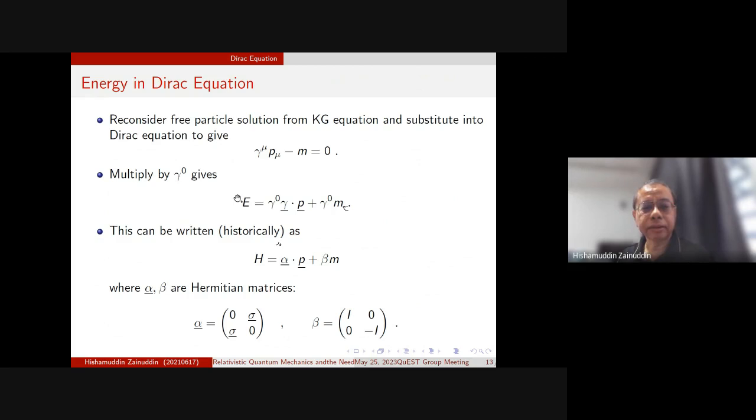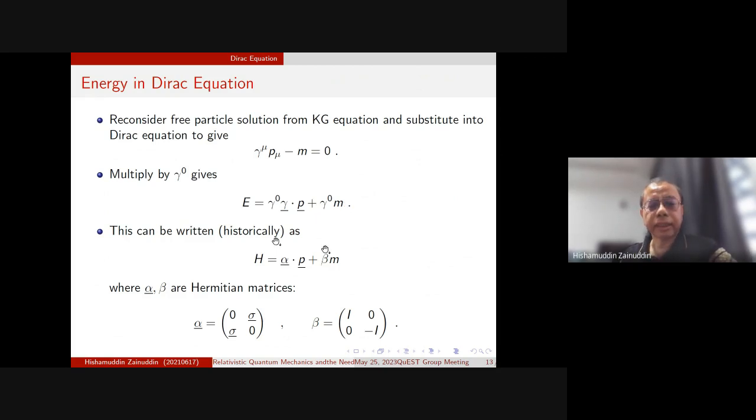Now, apparently, this is the form that historically they played around with. They started with the problem of how to define the operator version of your energy operator. So they start with that particular form, and this form can be written in terms of alpha and beta here.